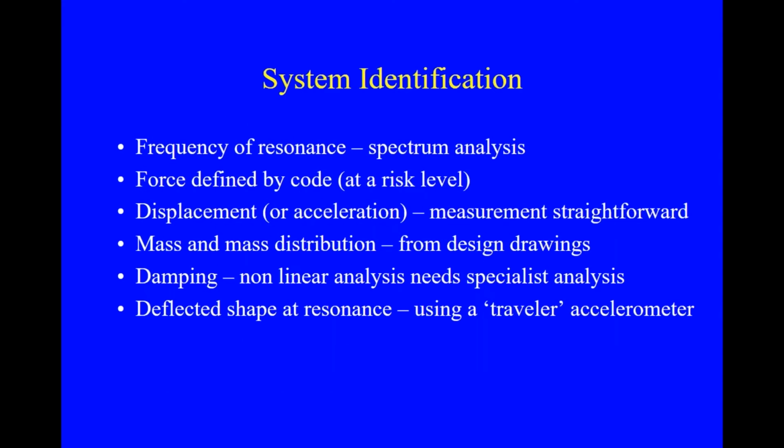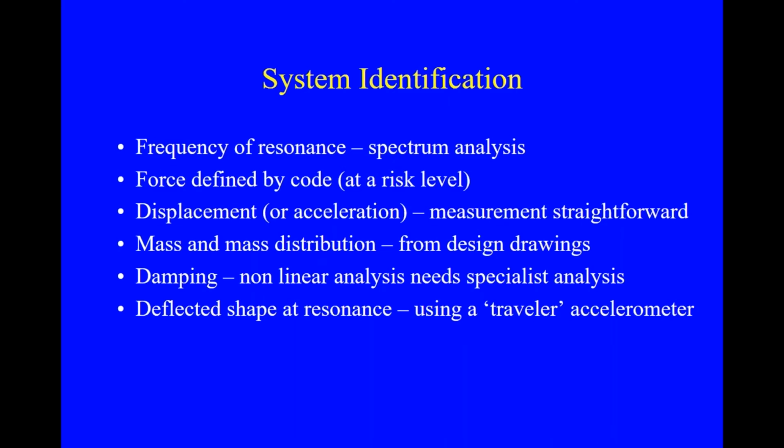We've got the displacements or acceleration that are a function of the forcing function, mass and mass distribution in the structure. We've got damping associated with each of the resonances, and we've got the deflected form for the resonance. Deflected form, what we call the mode shape. So each resonance can be defined completely like that.